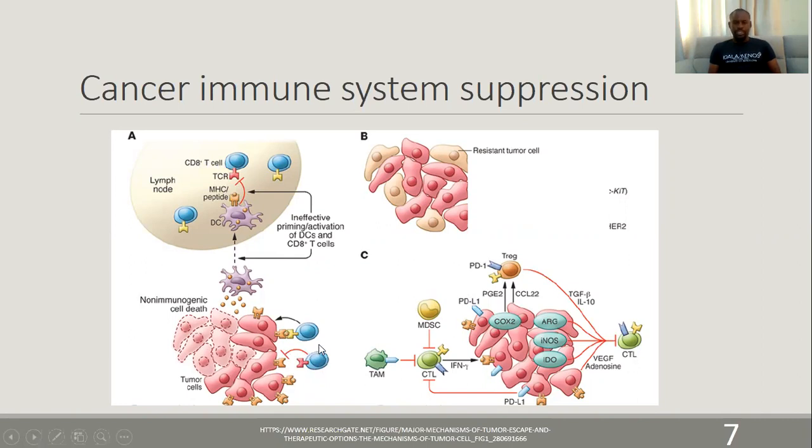So hence we have a new form of therapy, which is termed immunotherapy, which is unlike your chemotherapy. This one tries to activate, it's more like reactivating the immune system, as I've explained here, that the cancer cells actually find ways of suppressing.